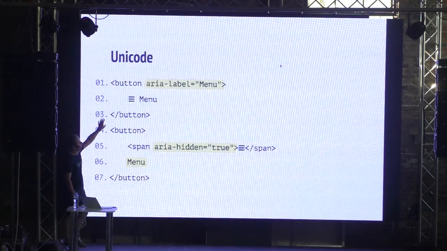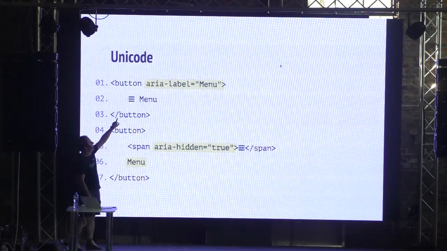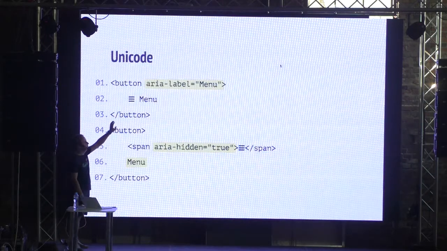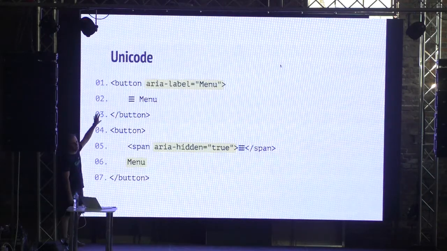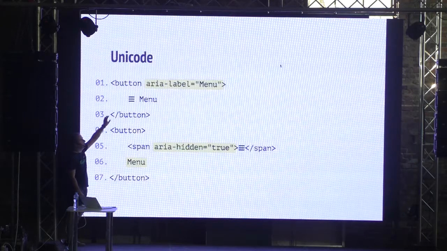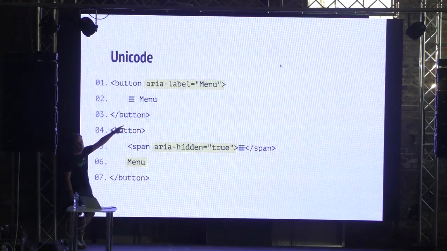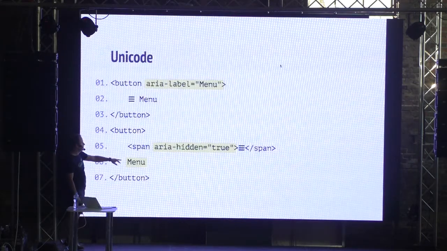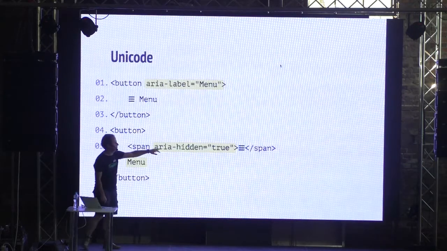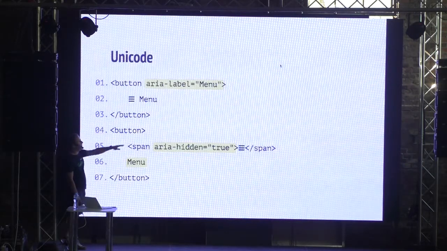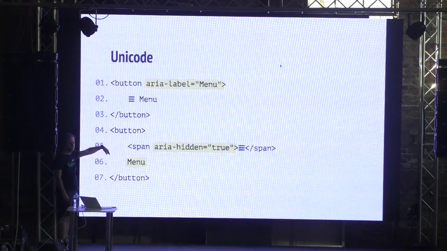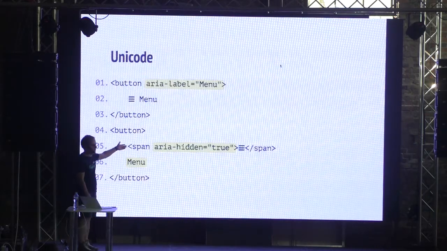So it doesn't matter what's inside. Once you add aria-label, screen reader will take this as a content of an element. Only this, only aria-label will be read. The same applies here. You can use aria-hidden true. You will get the same results in screen reader in both cases. Which one you prefer, like, it's up to you.